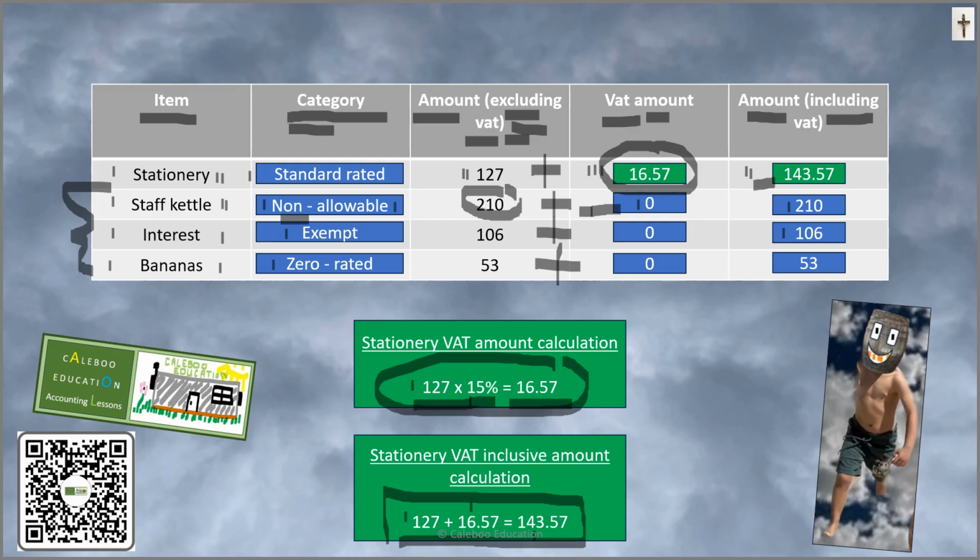And these three items, there was 0% VAT, so the totals remain the same.